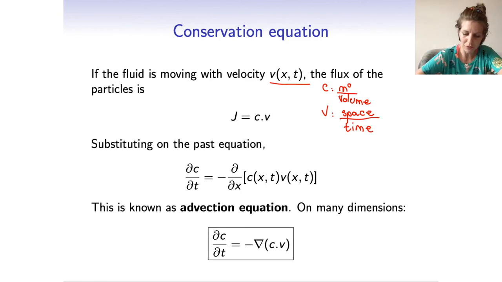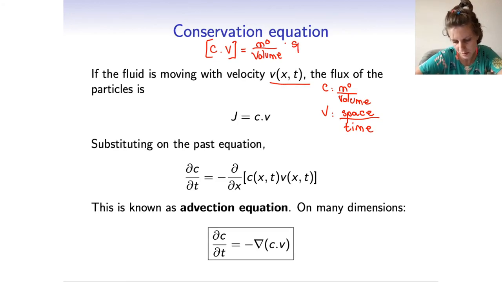Therefore, if we make c times v, the unities would be number divided by volume times space divided by time.